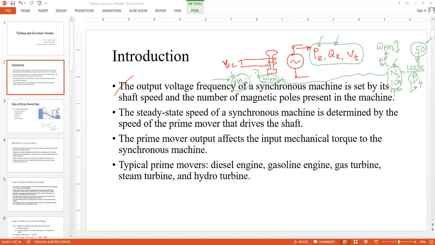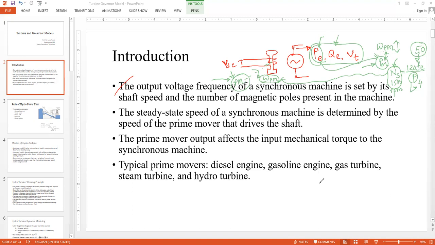So to control this PE, and as one of you said, to control the PM, this PM would be affected, and PM and PE are closely coupled. They will try to keep balance following the swing equation to make the system stable.